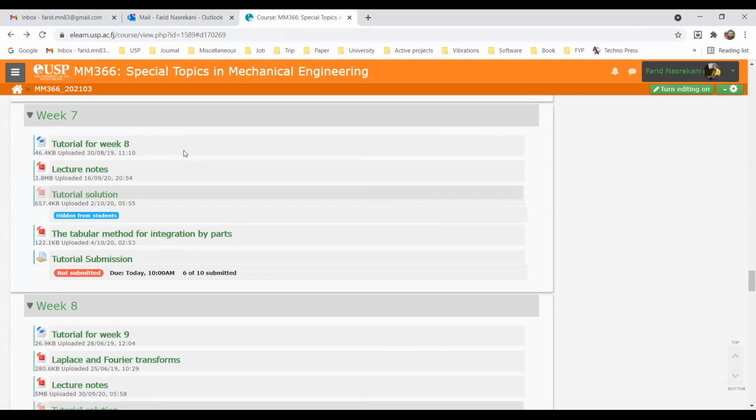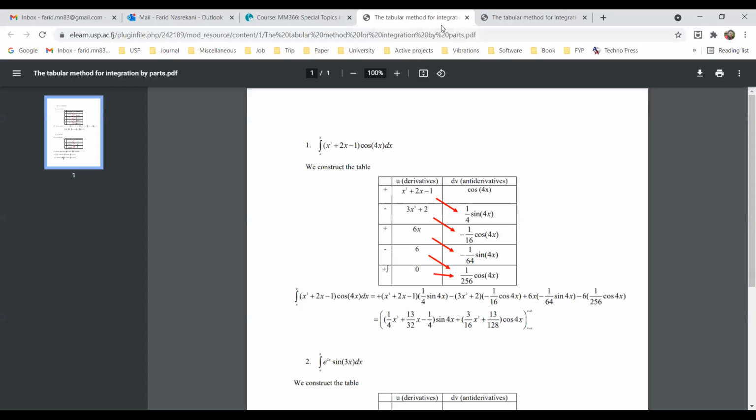So under the section week 7, you can see this file, which is the tabular method for integration by parts, and you can use this method.